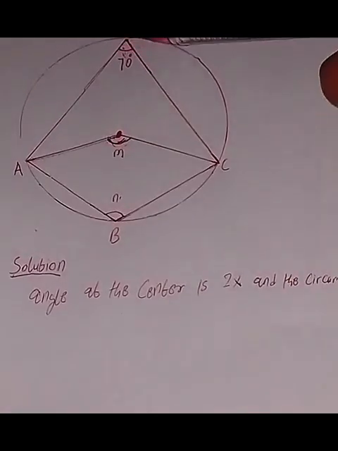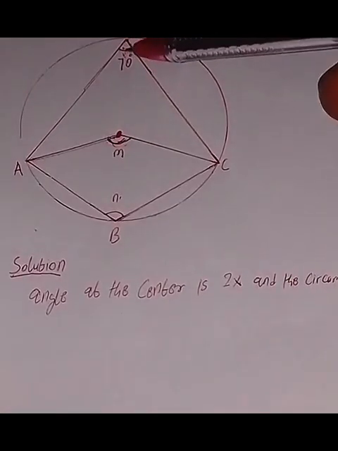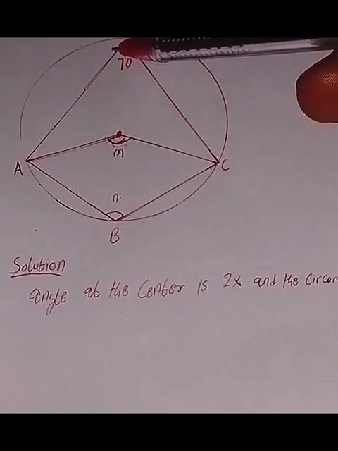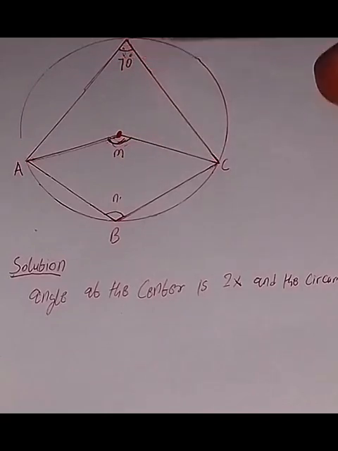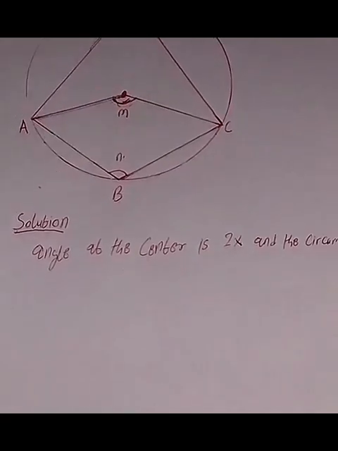So now we can see that this is 70 degrees here. This angle here is at the circumference, which means this one is times 2 of the one here. So from here we can get our answer.